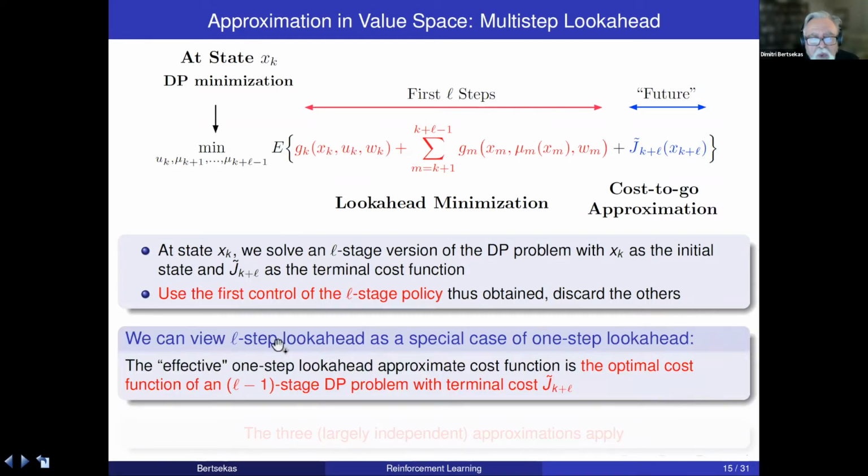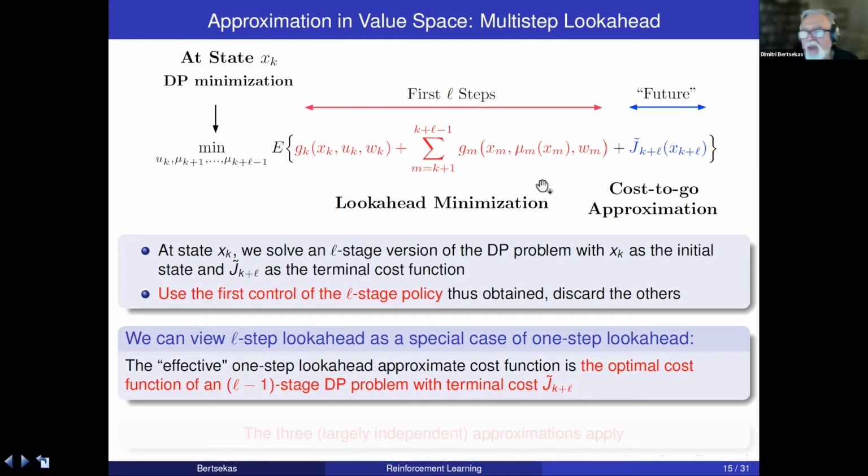And of course, we can view L step look ahead as a special case of one step look ahead. How so? Because we can lump the cost of these stages into this J tilde cost function. So it's effectively a one step look ahead approximation in value space with a look ahead terminal cost approximation that involves the optimal cost function of an L-1 stages problem with terminal cost J tilde.